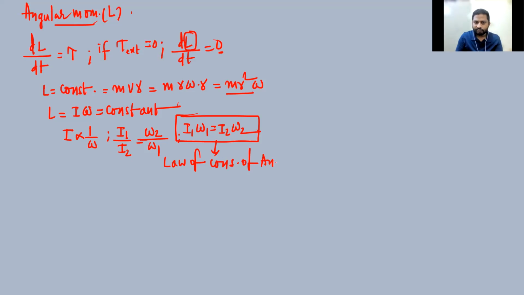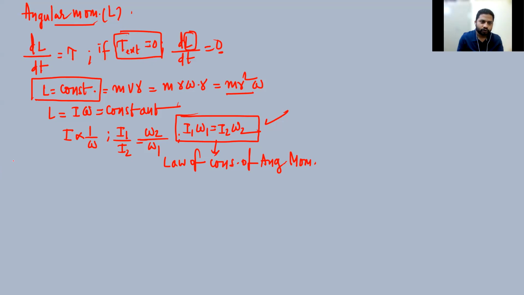Law of conservation of what? Angular momentum. When there is no external torque acting on the system, the angular momentum is constant. I1 omega 1 is equal to I2 omega 2.